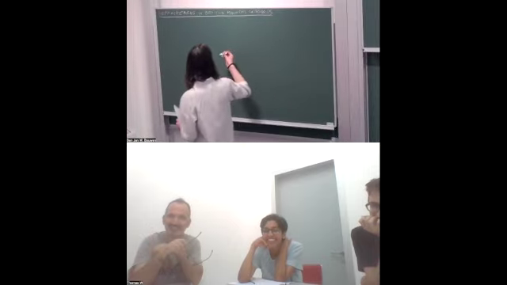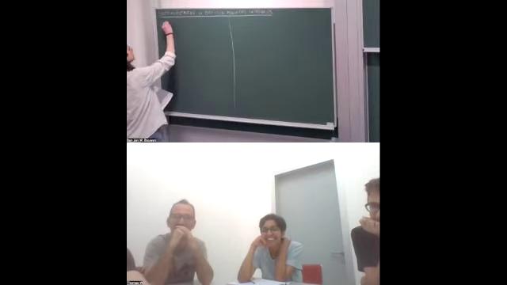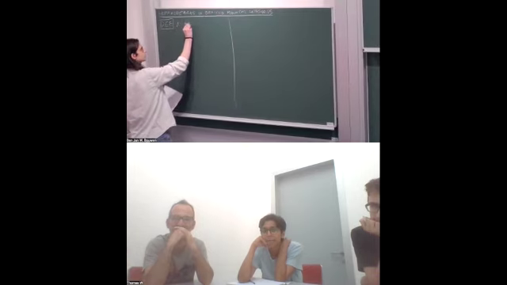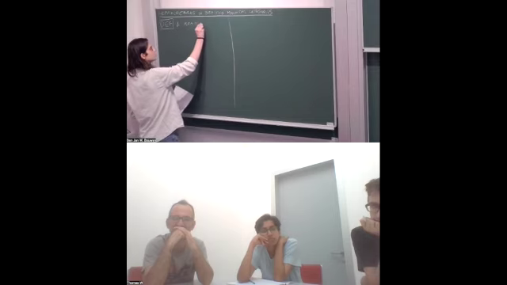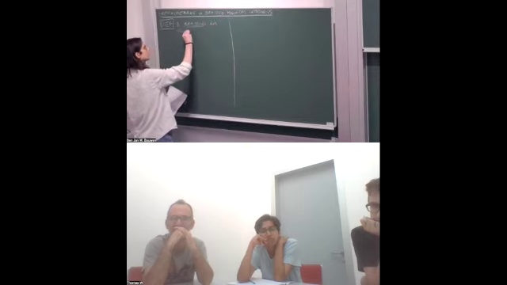And let me start by recalling the definition of a braided monoidal category. So, a braiding for a monoidal category.